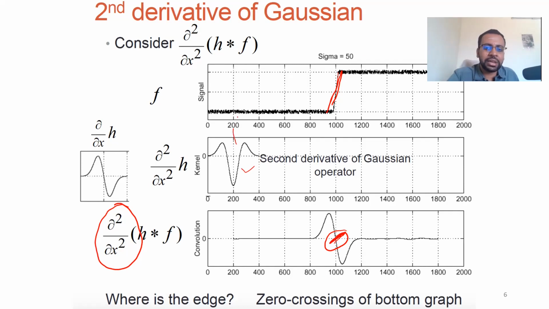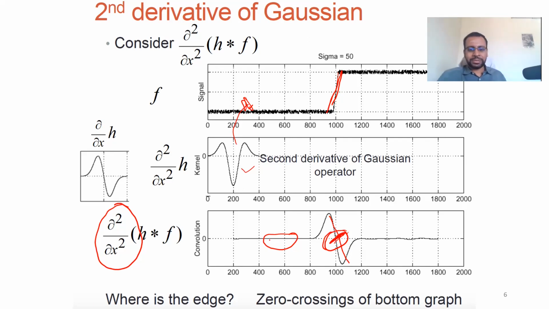You convolve your function with this, and then you find a zero crossing where there is a maximum. Zero crossing means from negative to positive. This is not a zero crossing, it's a zero. So either from positive to negative or negative to positive, you simply compute where this is happening, and that will tell you where the edge is.